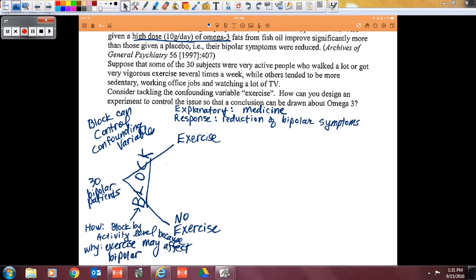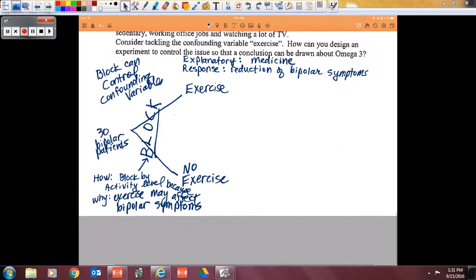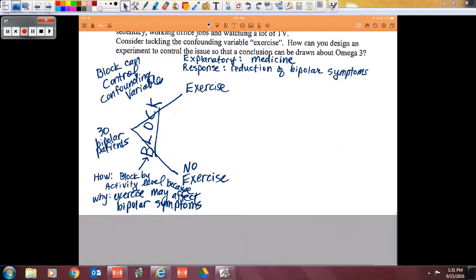Okay, good. So I'm going to put exercise may affect bipolar symptoms. Okay, so I see you have a trait there, and that's exercise, that may affect the way subjects respond to what we are measuring, which is bipolar symptoms. Okay, so that's what you have to write whenever you block.